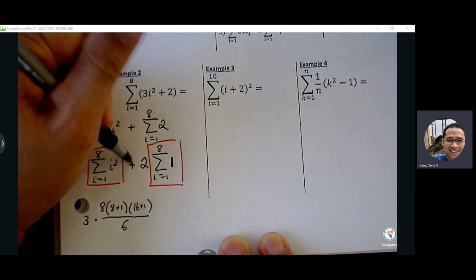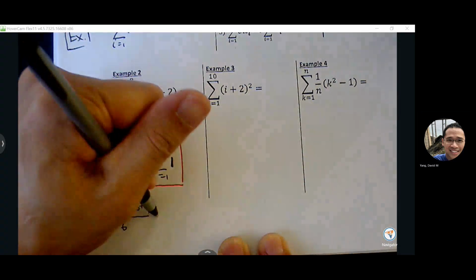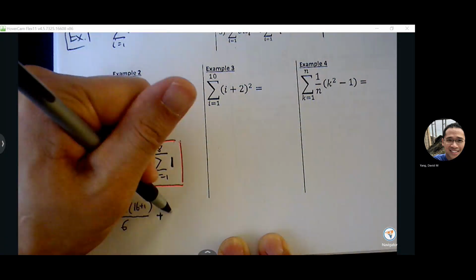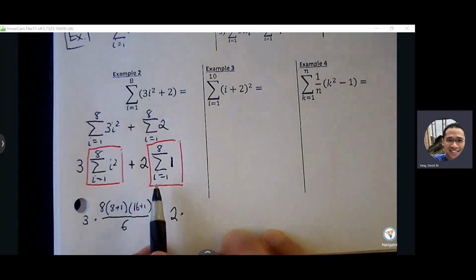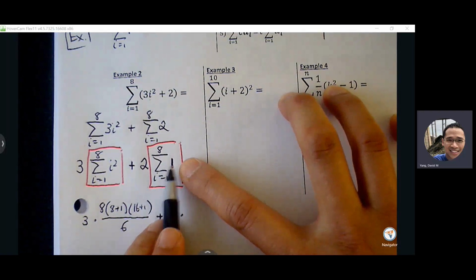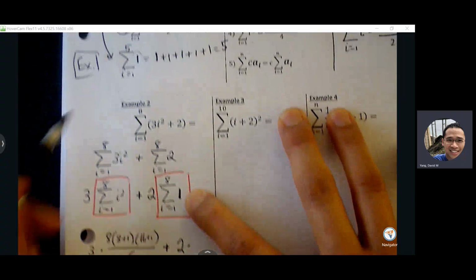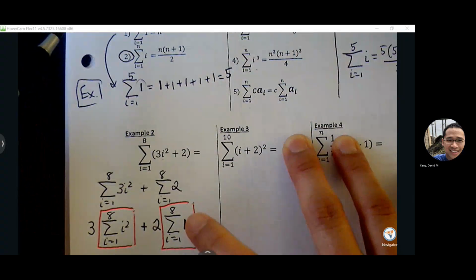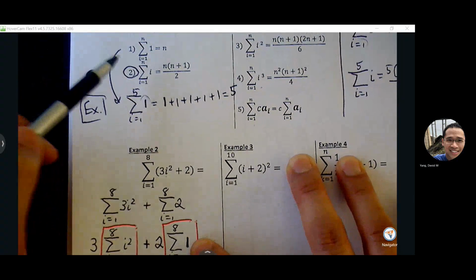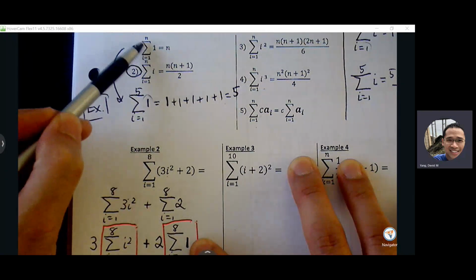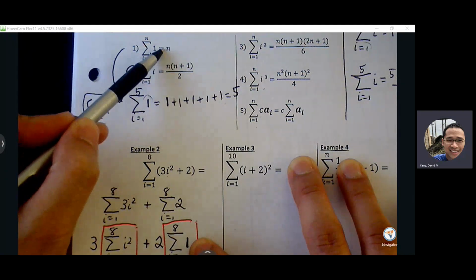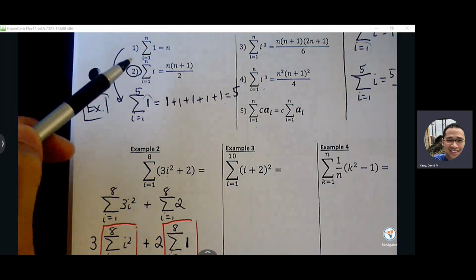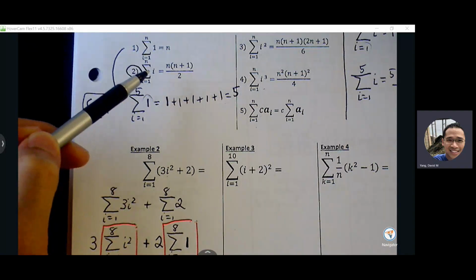Plus, sorry, I forgot to put a plus here. 2 times, and then summation from 1 to 8 of 1. What's the rule for this? Just what? 8, right? Yep, that 8 is going to be my upper bound. I'm just adding a bunch of 1s together until I add 8 1s together, and that's just going to be equal to 8.